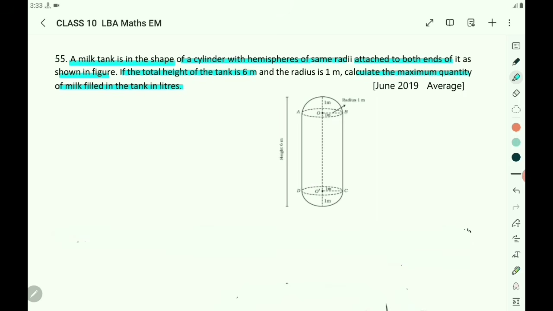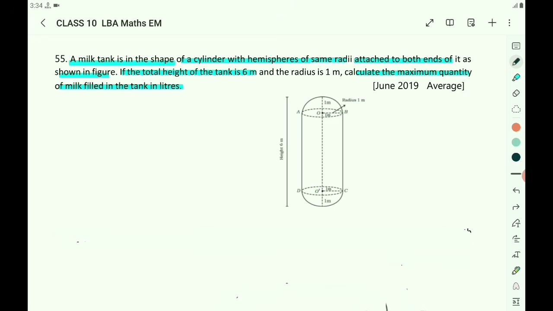Here the shape of the tank is given. The middle portion is the cylindrical portion and the two ends are in the shape of hemisphere. The total volume of the tank is equal to volume of the cylinder plus 2 into volume of the hemisphere. For hemisphere and cylinder, R is the same.